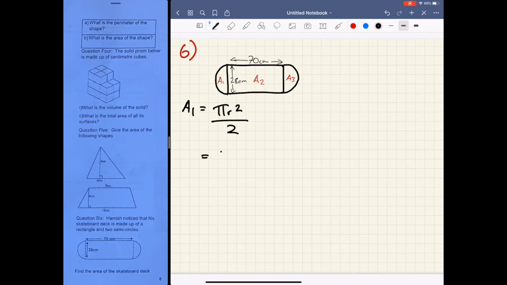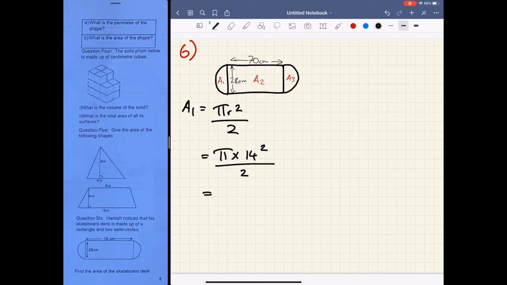So pi times the radius. The radius is half of 28, so 28 divided by 2, which is 14. Pi times 14 squared divided by 2. If we just calculate in the calculator, we'll do this part first and then divide the answer by 2.